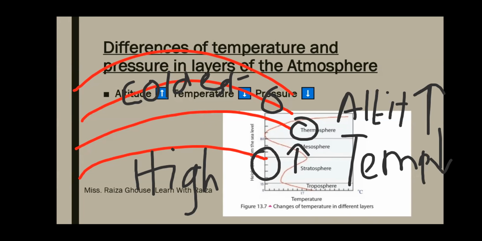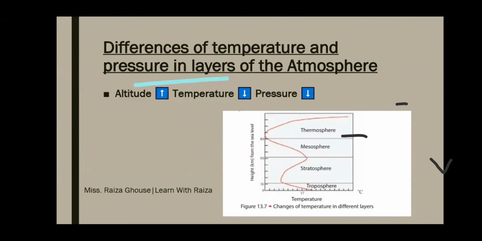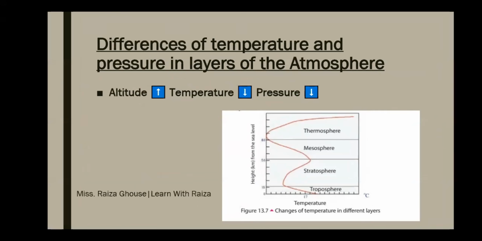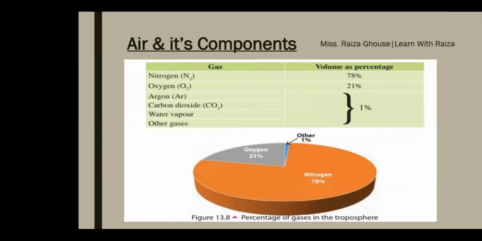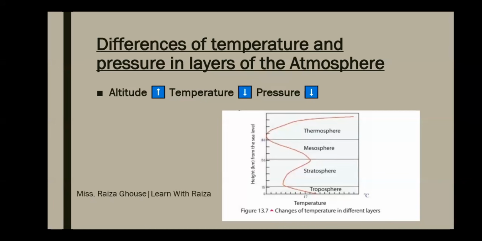So remember, from the troposphere, when you go to the stratosphere, temperature decreases. But from the stratosphere, when you go up, temperature increases because of the absorbed ultraviolet rays. These 2 points you have to remember. Those are the things displayed in this graph as well. Right? So let's finish off from that.